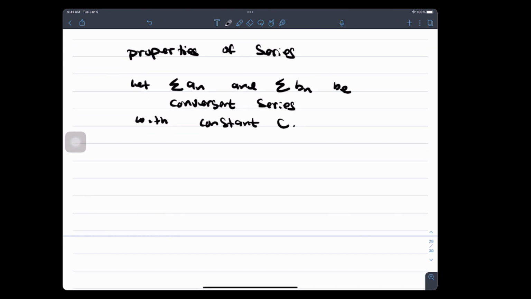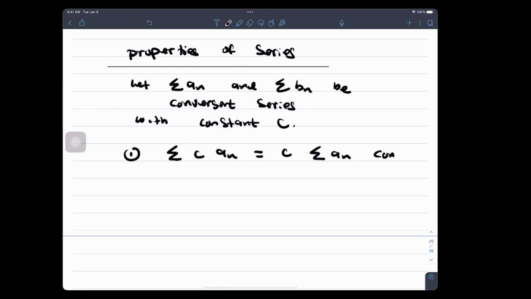Okay? So you have these things called properties of series. You have two convergent series and C is a constant. So here's the first property. If you have C, a constant, times that term, I can simply pull out the constant. That's all. And that can be proven. And that also, by the way, converges.